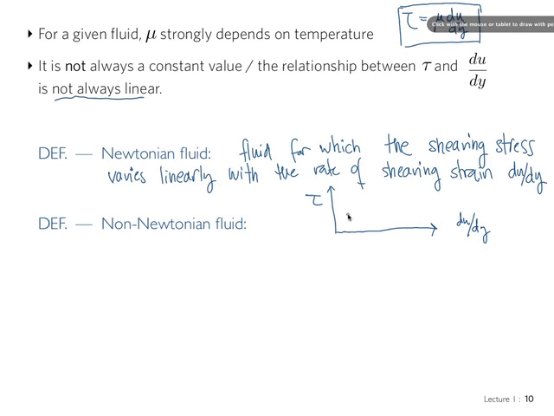So for example, you might have a line like this, say for air. You might have a more viscous material here. This could be perhaps water, or this could be, say, oil.